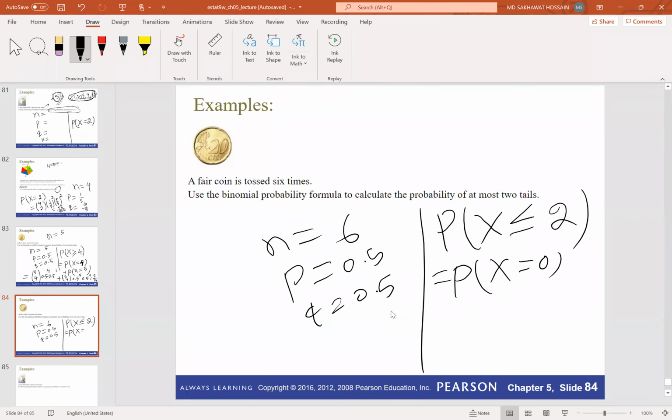So that means probability of X equals 0, plus probability of X equals 1, plus probability of X equals 2. If you plug in all the numbers and simplify, the answer will be 11/32.